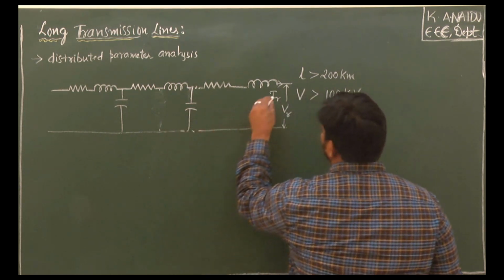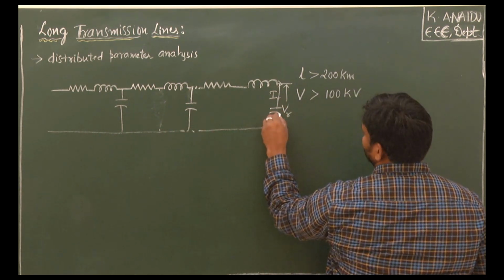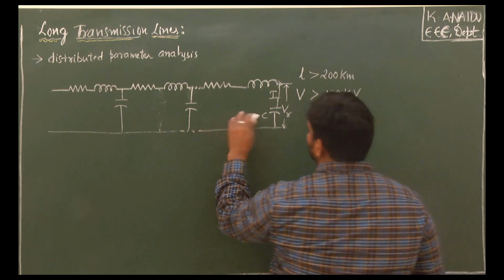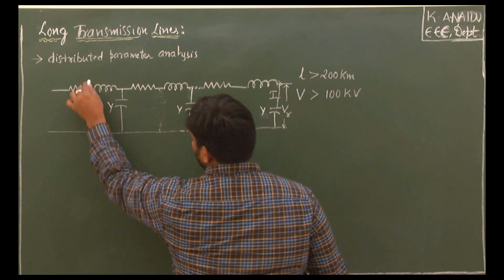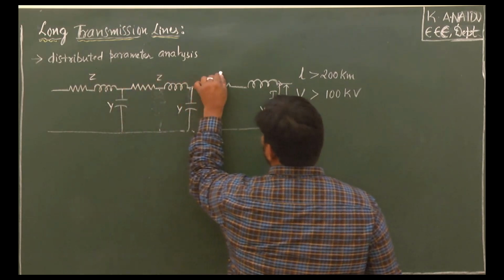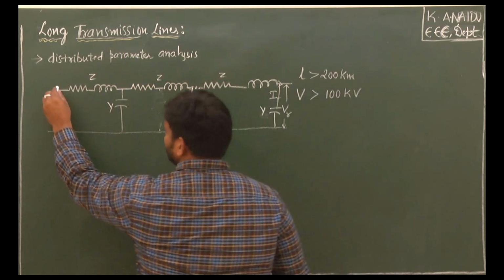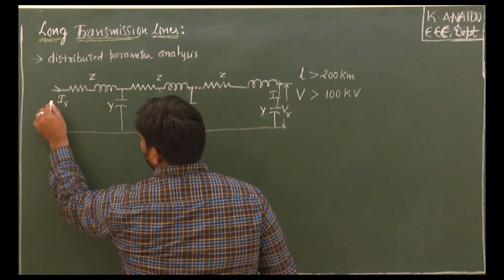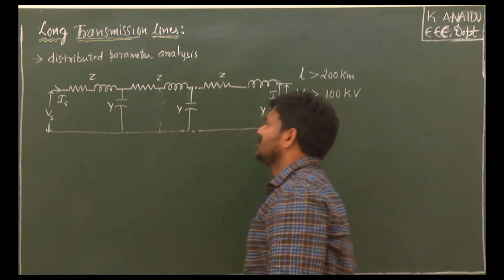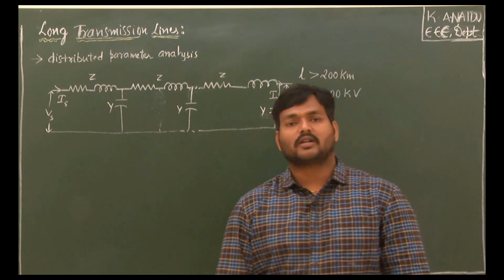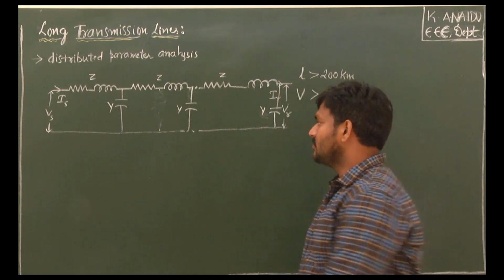So these are the shunt parameters, these are series parameters, and here you take the sending end current and sending end voltage. This is how you represent a long transmission line.